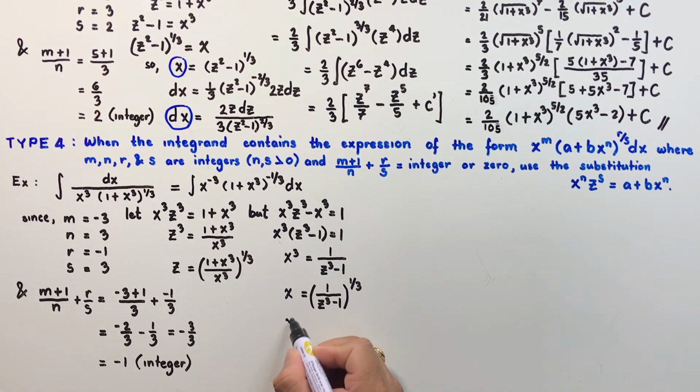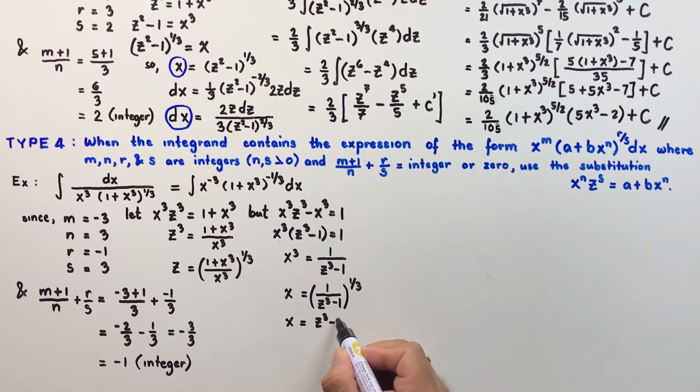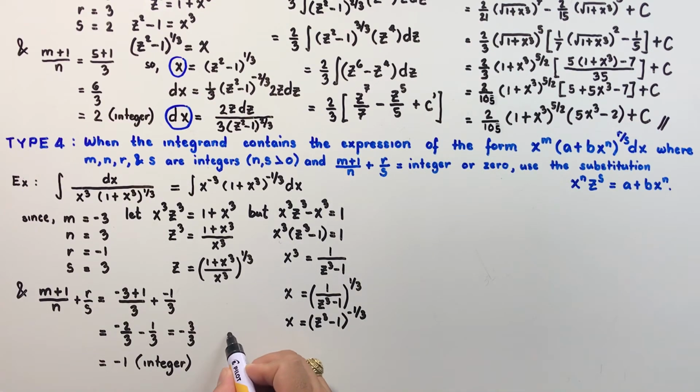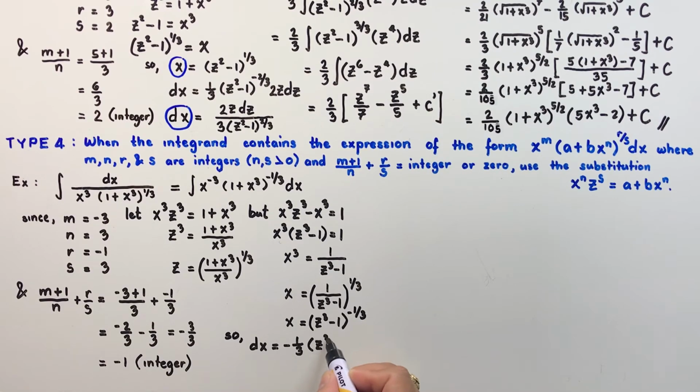So we have x, which is equal to z cubed minus 1 to the power of -1/3. Thus, solving for our dx here, we have dx, which is equal to the -1/3 times the binomial of z cubed minus 1 raised to the exponent of -4/3.